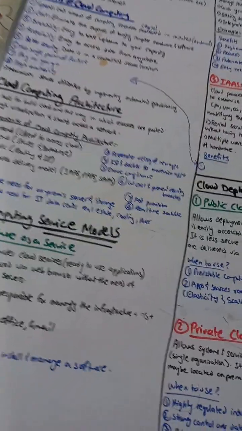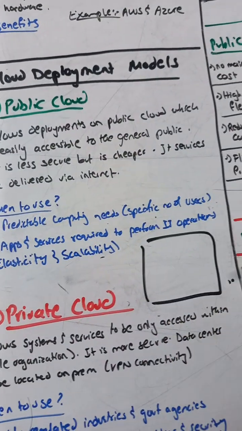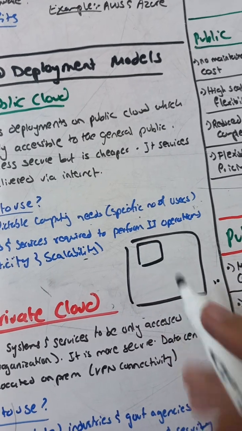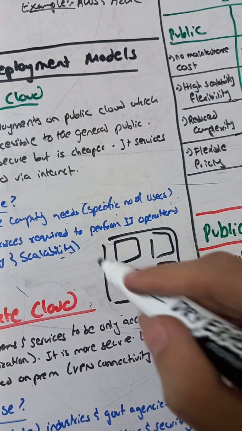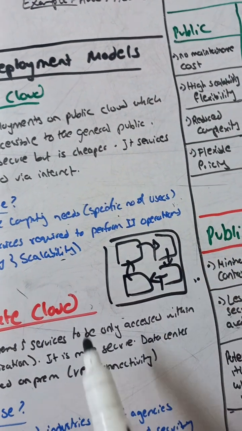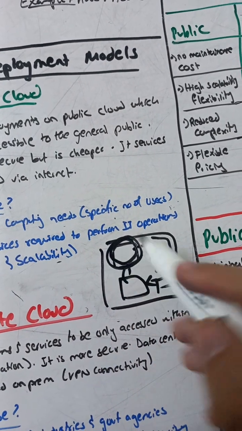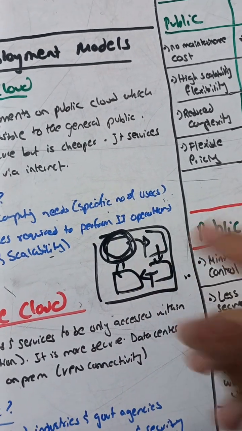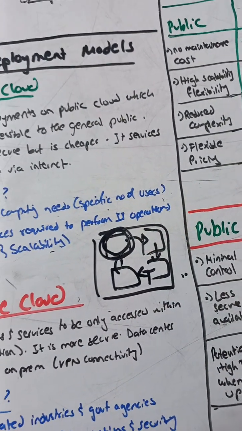I'll just draw it over here. Imagine there's organization 1, 2, 3, and 4, and all of these are communicating with one another. It could be that one organization has some resources which are being shared amongst all of the other organizations.